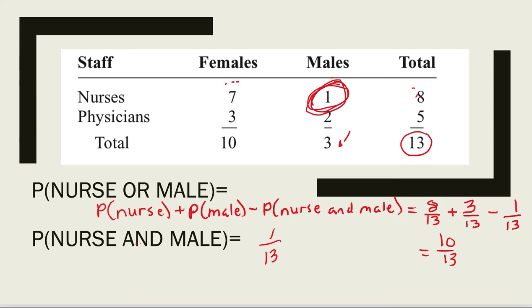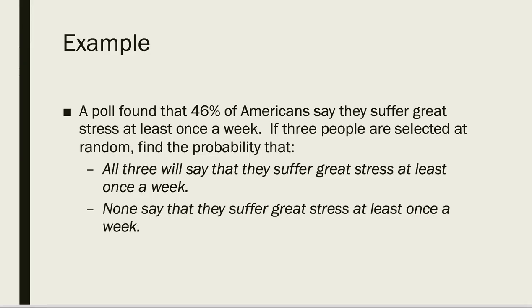Okay, so another way that we can work on an "and" problem would be something like this. All right, so the problem says a poll finds that 46% of Americans say they suffer stress at least once a week.